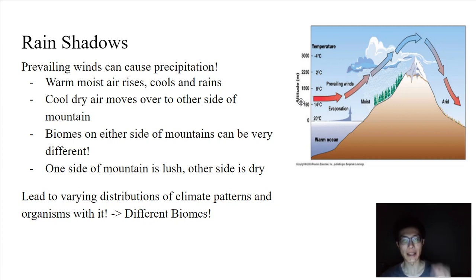So the prevailing winds travel towards the coast, hit a mountain range, and the air is forced to move upwards. When the air moves upwards, it cools and it condenses.